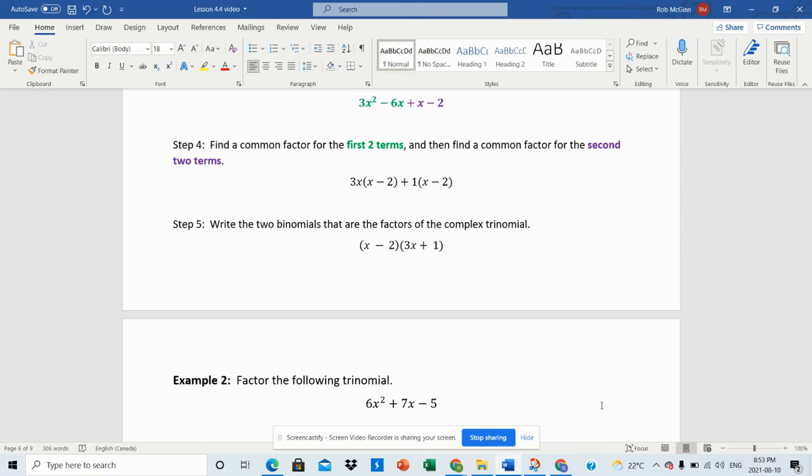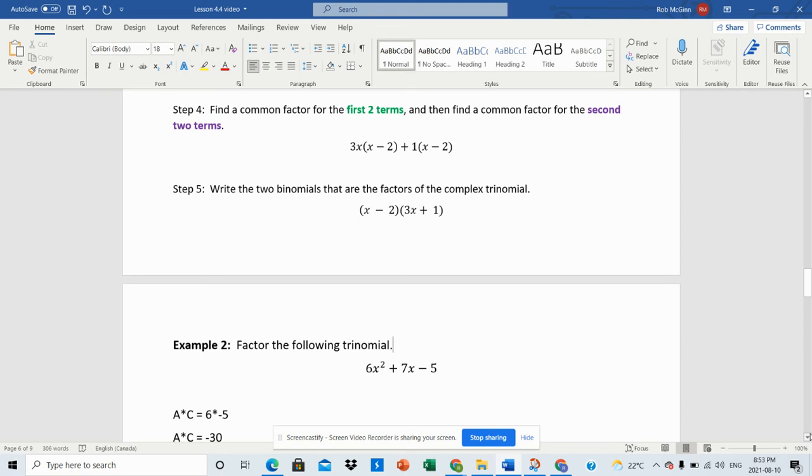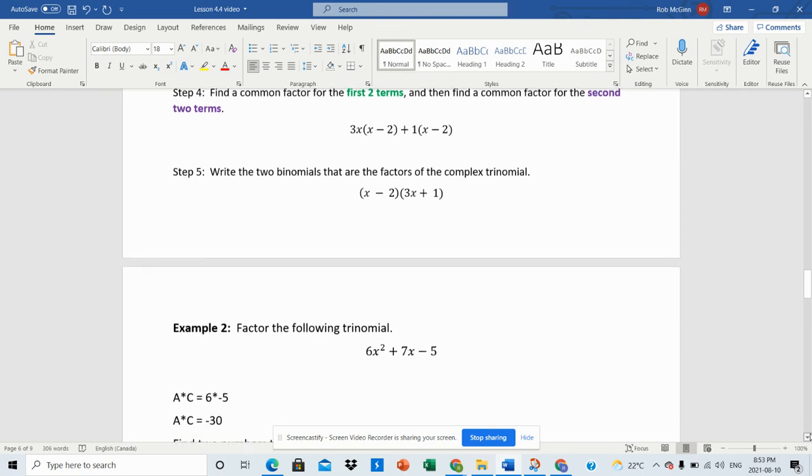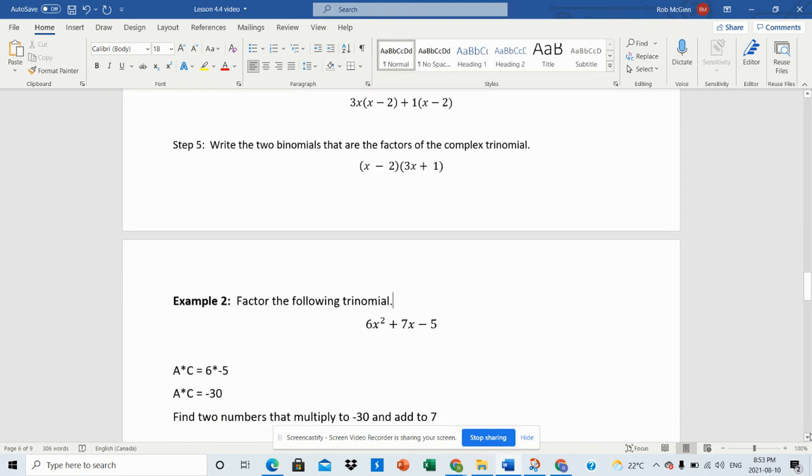What's left over in my brackets should be the same. And then I just write my two binomials that I have.